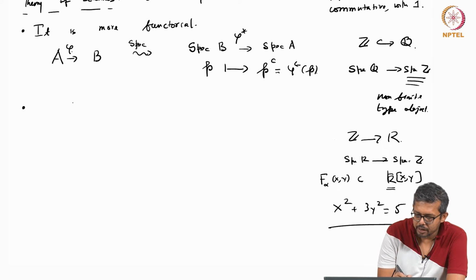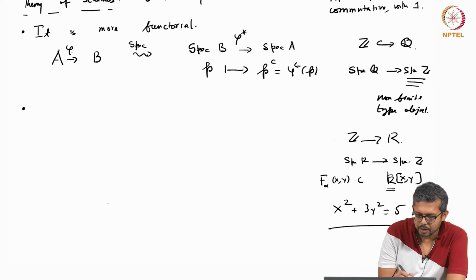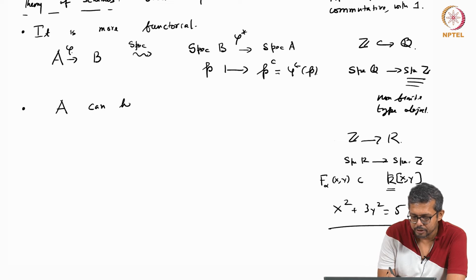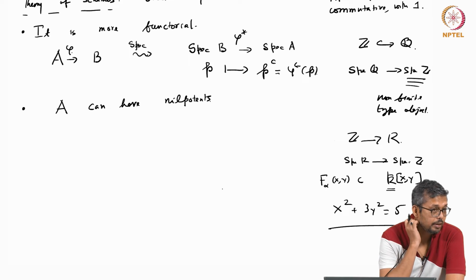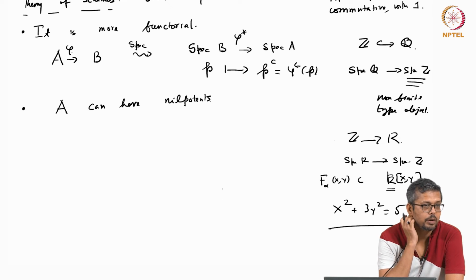Another reason is that this A can be any ring. A can have nilpotents. That means it may be non-reduced. In the case of varieties, we saw that the coordinate rings are reduced. So you lose some information.